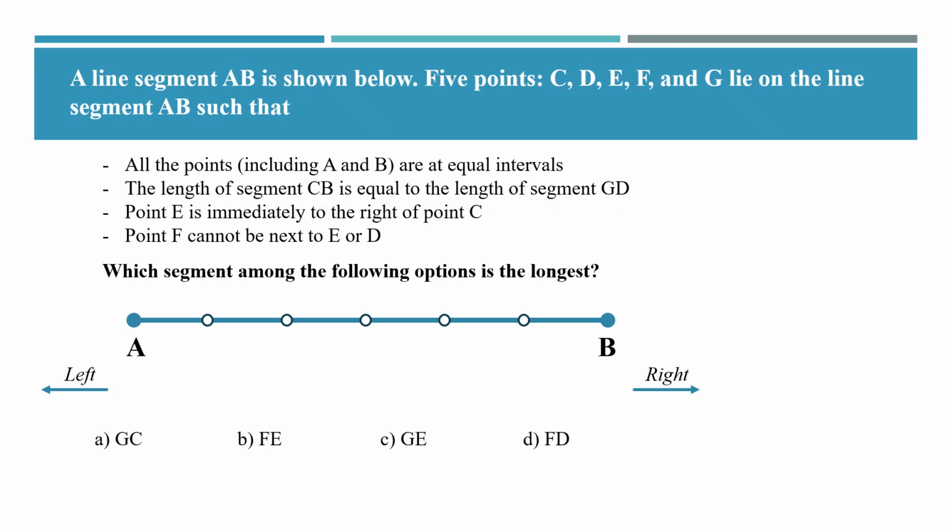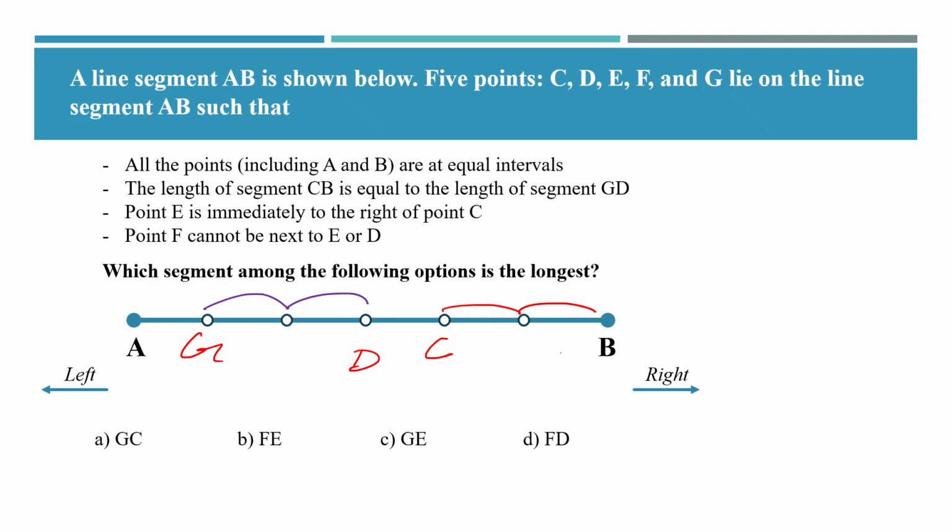So let me say CB, GD, 1 unit, 1 unit. Or you can also write it as 2 units. It can be 1 unit or 2 units. Let's fix 2 units for now.